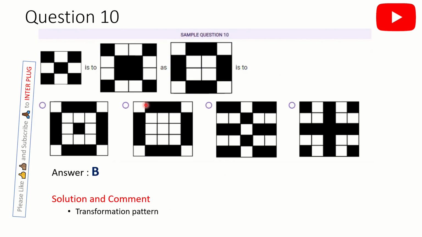Question 10, we have a transformation question where this figure here transforms to this one, and we need to look for the figure to which this one is going to transform into, right? So here we can easily see that the outer squares, the dark squares, remain the same, they don't change in size and in color.